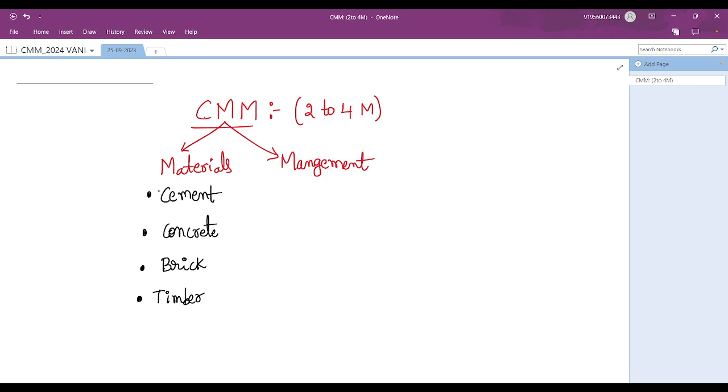So these are the materials we are going to study here: cement, concrete, brick and timber. Obviously these are the materials that are used in construction or for buildings.